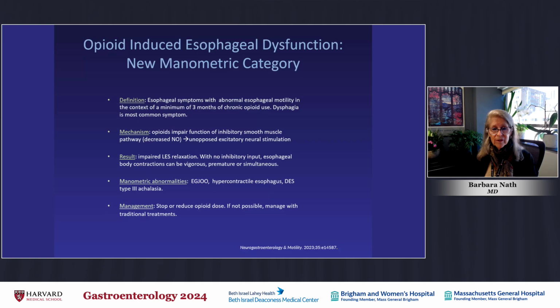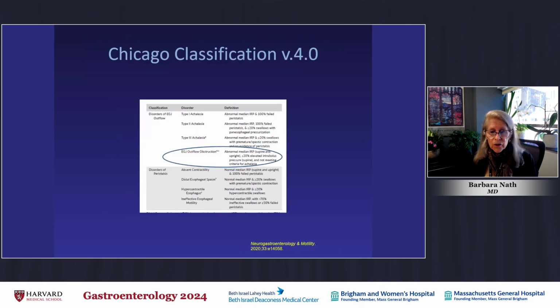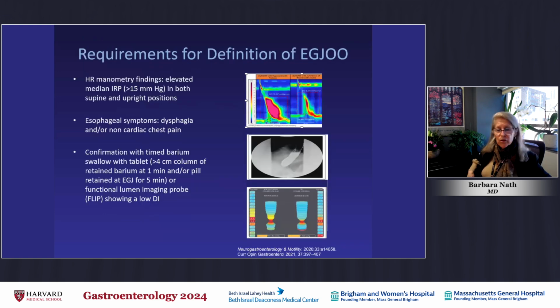So turning now to EGJ outflow obstruction, this has a very specific definition in the Chicago 4 classification. It requires that the IRP be elevated in both supine and upright positions. So if you have an elevated IRP in the supine position and it's normal in the upright position, it's not considered positive for EGJ outflow.